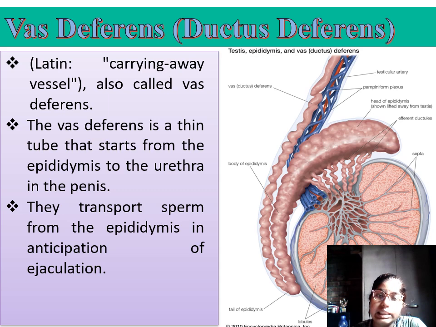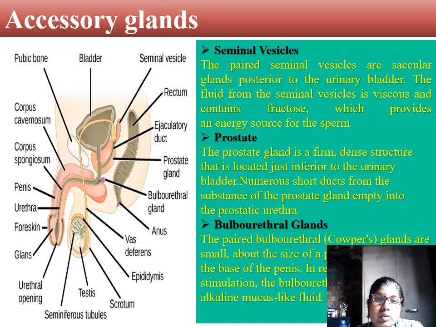The vas deferens is a thinner tube than the epididymis, which is larger. The vas deferens transports sperm from the epididymis to the urethra, as I told you in the previous slide.